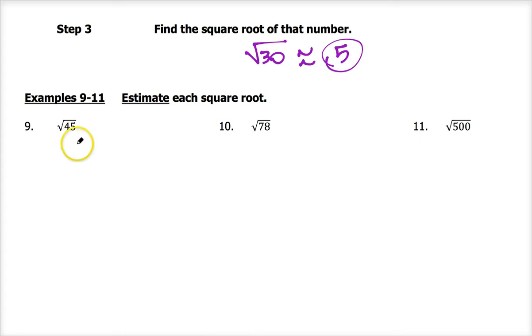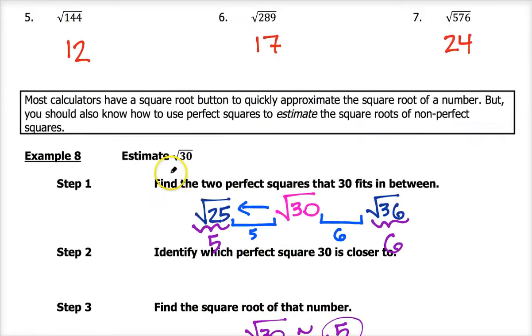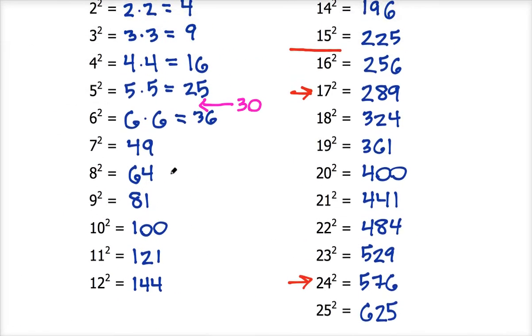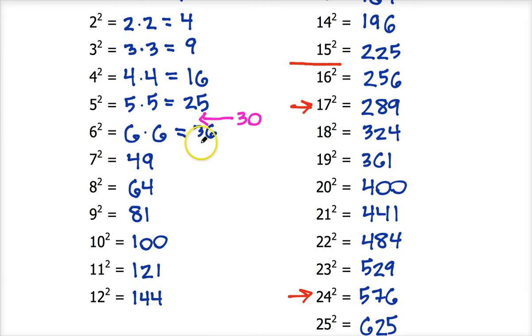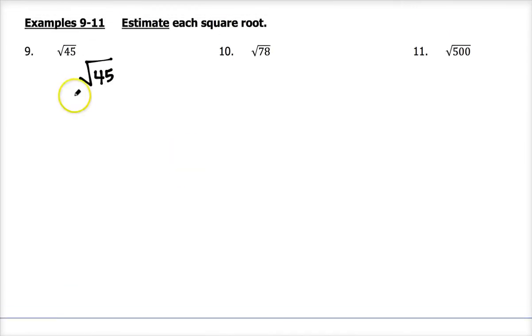We have the square root of 45. So we know the square root of 45 is between what two perfect squares? Well, take a look at your list. You see we have 36 and then 49. So 36 and 49 are the two perfect squares that 45 is between.